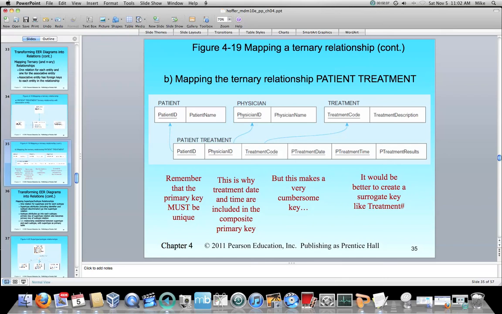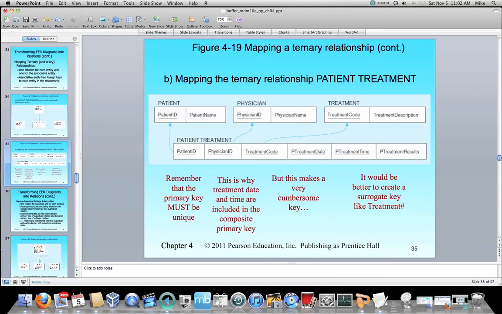Again, remember that the primary key must be unique. To make sure that it's unique, right? Because we could have a physician say that, okay, on this day, this patient needs this treatment. And then they can also say on another day that this patient needs this treatment, the same doctor.